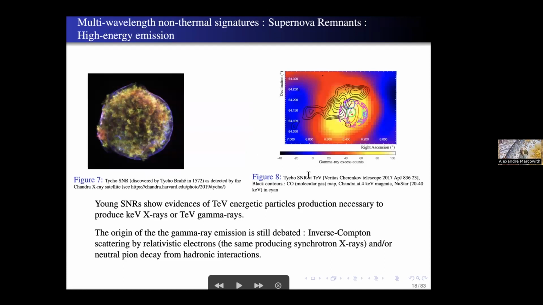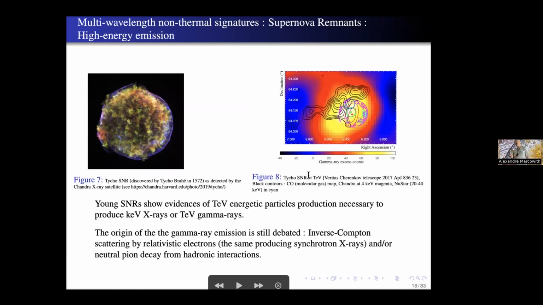Now, how does this look at higher energies? Here is a nice picture of the Tycho supernova remnant in X-ray, thanks to the Chandra satellite.